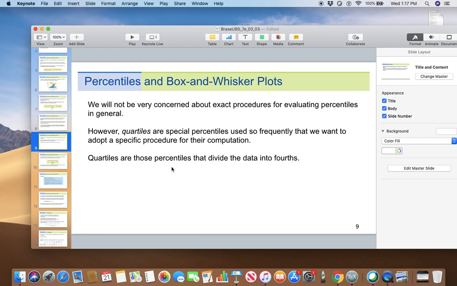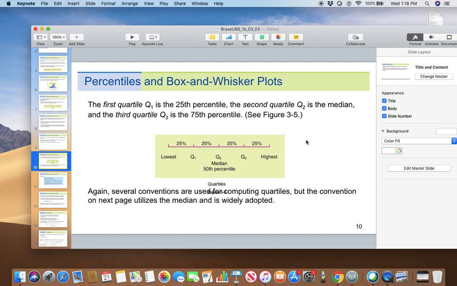Quartiles are those percentiles that divide the data into fourths. Quartile, quarter is a fourth. So here we go. You have a whole bunch of data starting from lowest to highest.